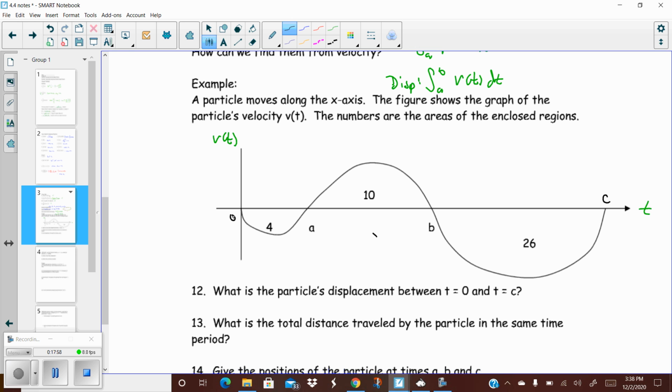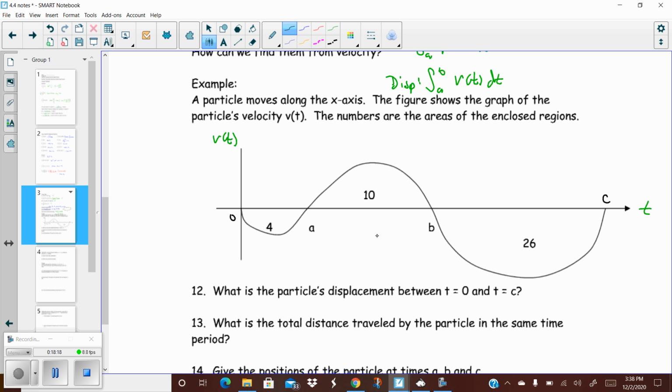Time 0. All right, so it says, what is the particle's displacement from time t equals 0 to t equals c? Well, displacement takes into account positive and negative. So if we are integrating the velocity, which is what we have here, this is the velocity graph, we are finding the area between the curves.